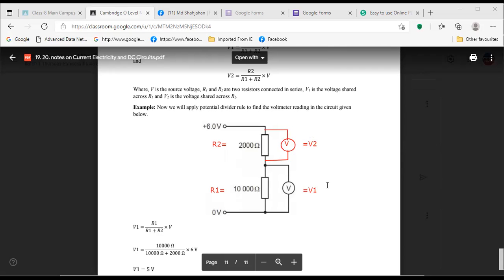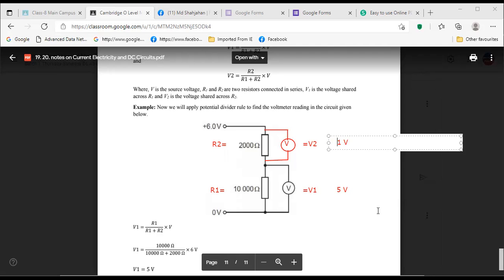so it will be V2. So V1 comes 5 volt, and V2 will be how much? 1 volt, right? Yes, sir. Because we have here 6 volts, so if R1 is sharing 5 volt, then R2 will be 1 volt.